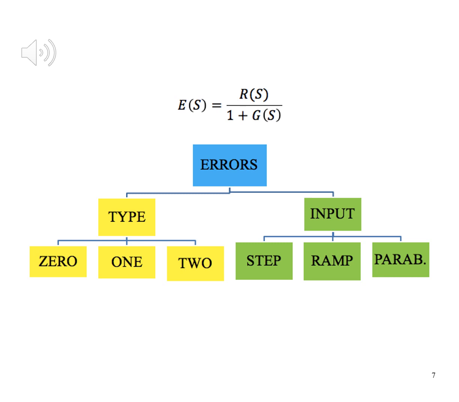Now, in general, what does the error signal depend upon? From the numerator, it depends upon the input. From the denominator, it depends upon the system, the parameters of the system, which is G of S. Therefore, the errors depend upon the input, which is on your right, the green part, and the type of the system.